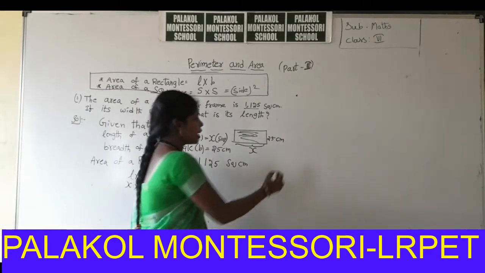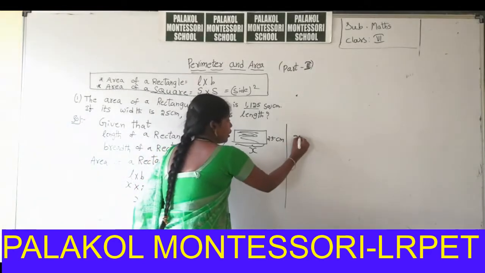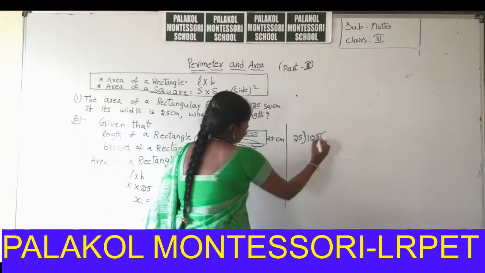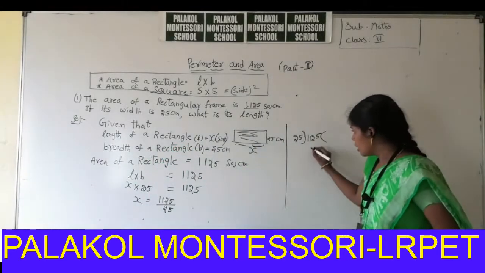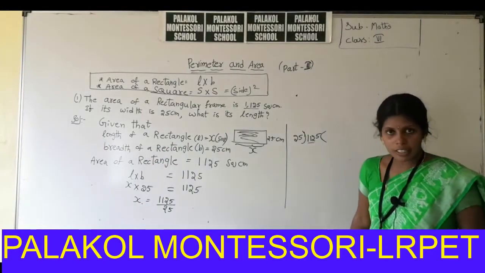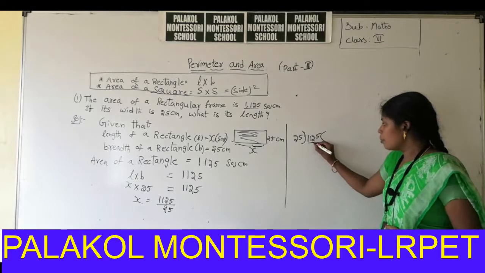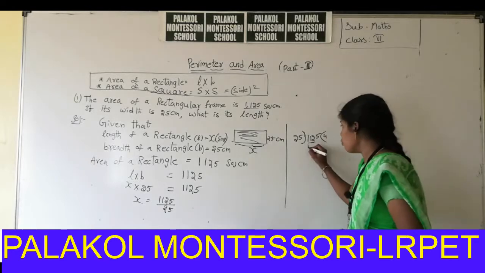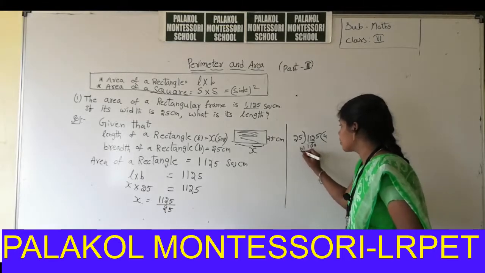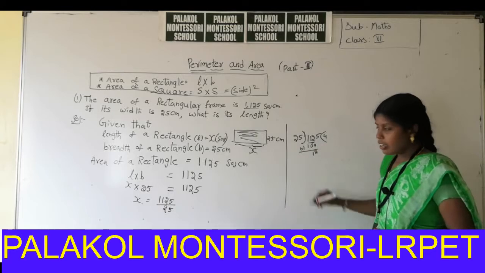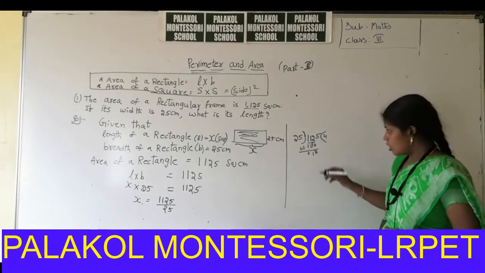We can see how many times it cancels. 25 into 1125. First we take three numbers: 25 fours are 100, 25 fives are 125. So the biggest is 125. We take 25 fours are 100. 2 minus 0 is 2, 1 minus 0 is 1, 1 minus 1 is 0.